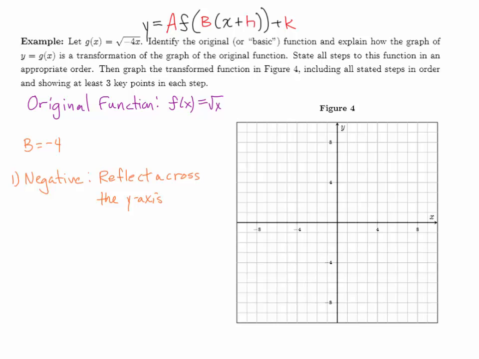The second part here is going to come from the fact that we have that 4. So we have that value of b is negative 4. The negative causes one transformation, the 4 causes another. And so looking at a b value of 4, since we've already multiplied this value of x by 4, what we're going to see is a horizontal compression by a factor of 1/4.